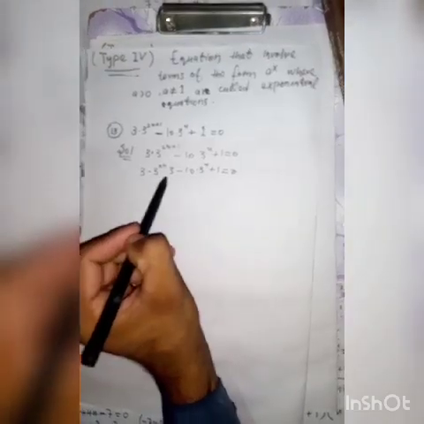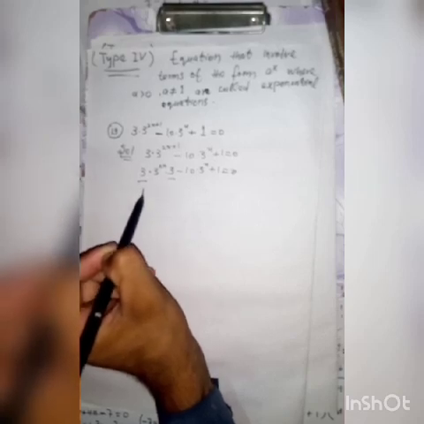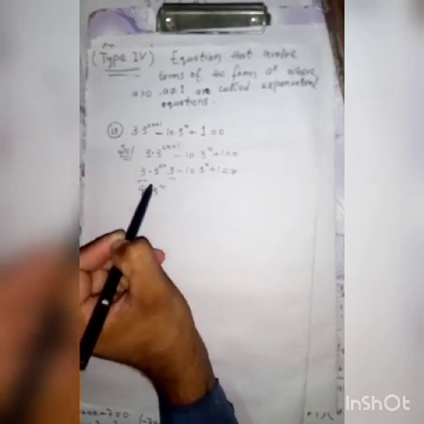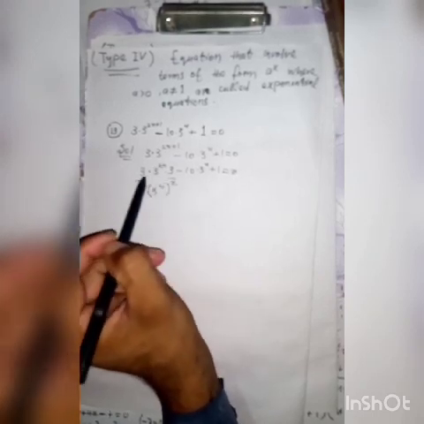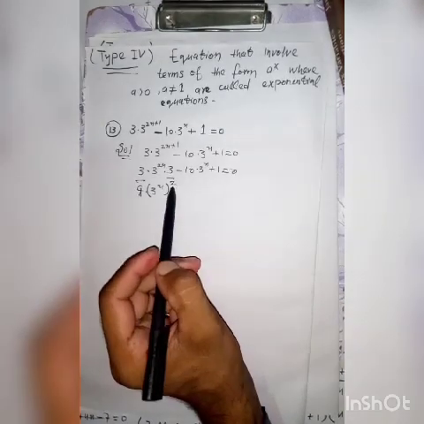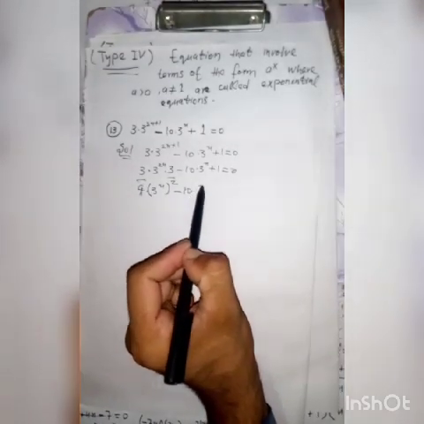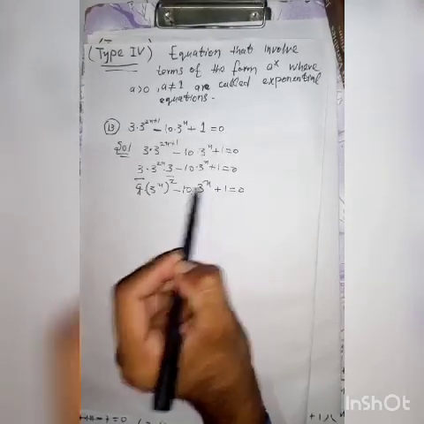So this 3 and this 3 multiply, which gives us 9. So 9 into (3^x) whole squared minus 10 into 3^x plus 1 is equal to 0.